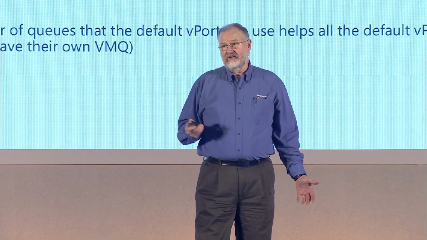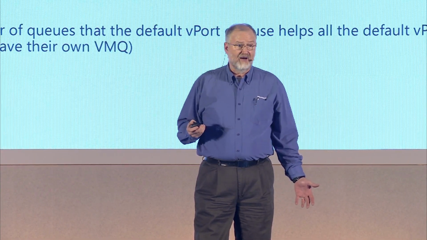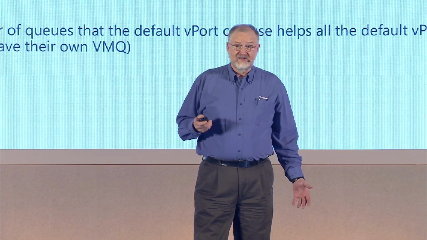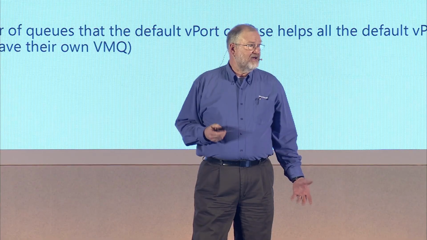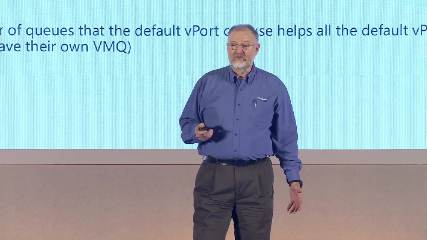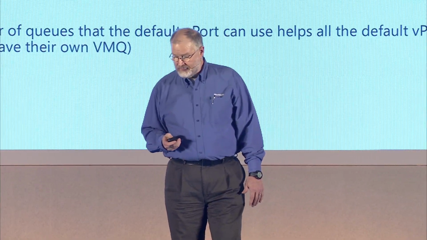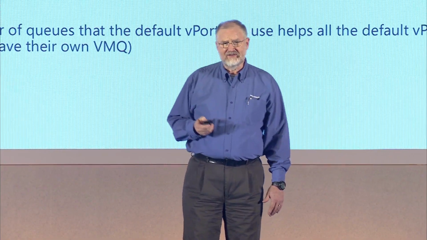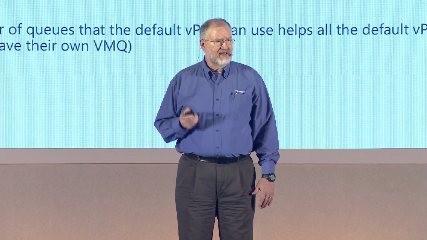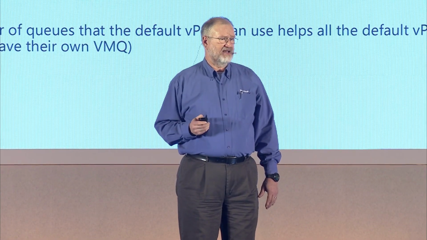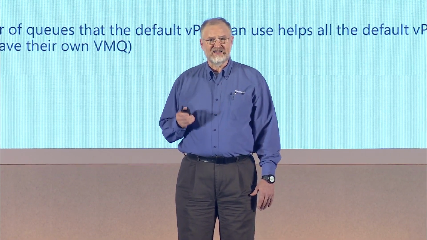Because again, VMQ can get me up to about 10. So VMQ plus VRSS will get me over 20. So VMMQ becomes useful when I get past that. On the other hand, VMMQ can reduce my CPU power that I need even at 10 gigabits per second. It's just not as big a step.